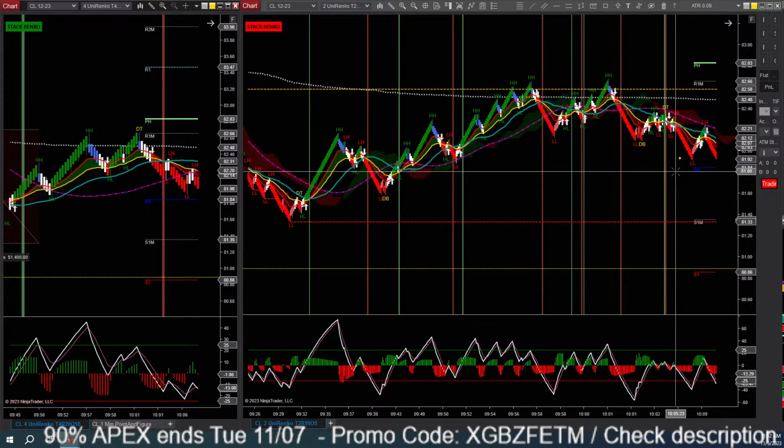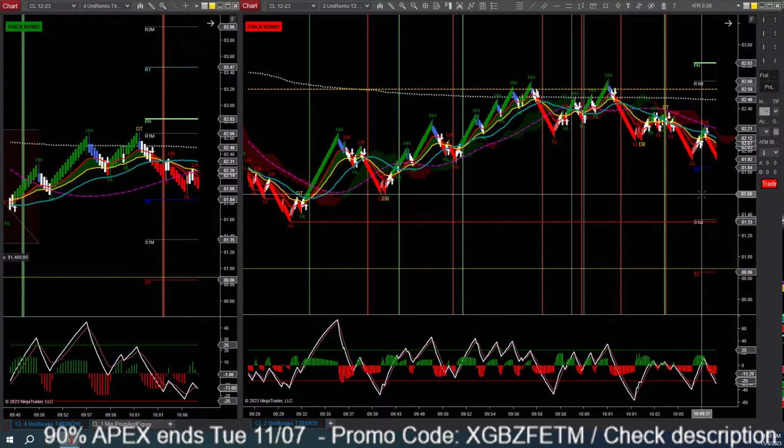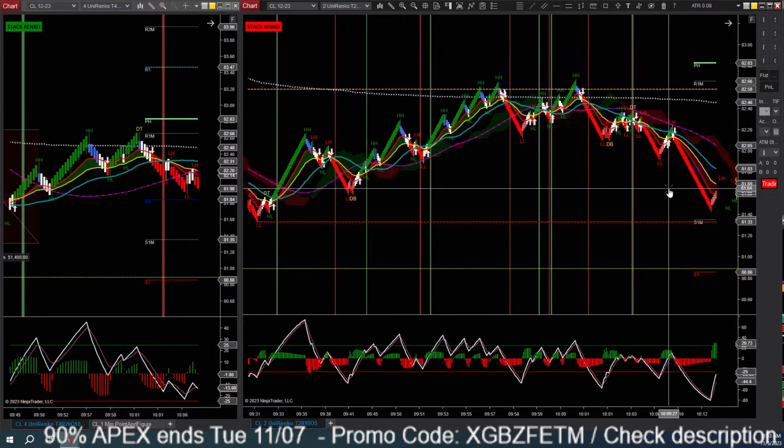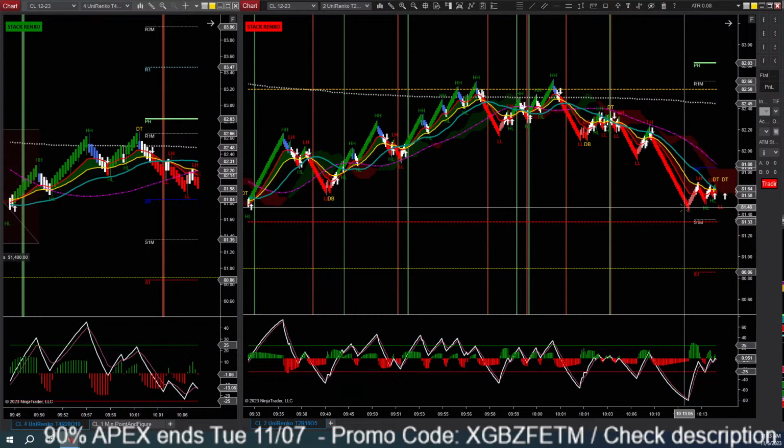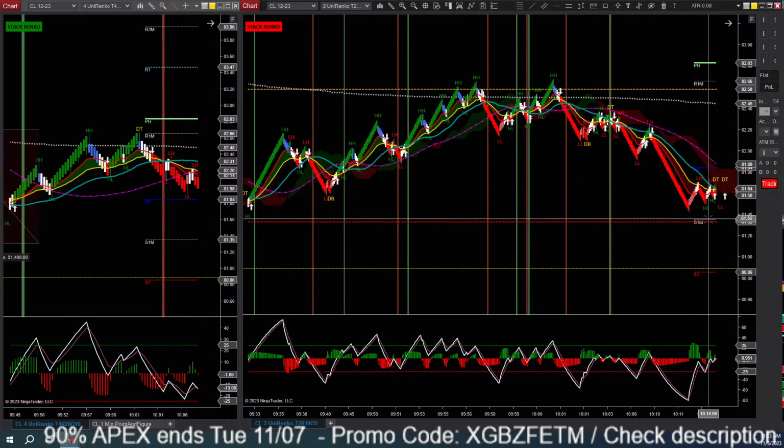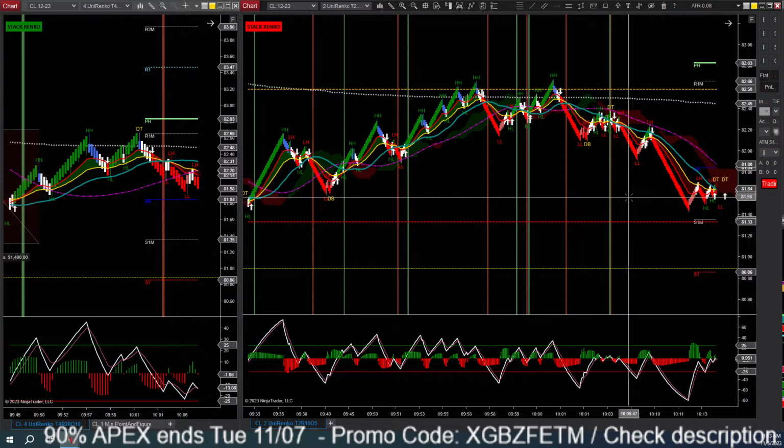In the entry chart, since it slammed off of that overnight opening price, it started to move down and down and down, and found some support at the SM1 level.